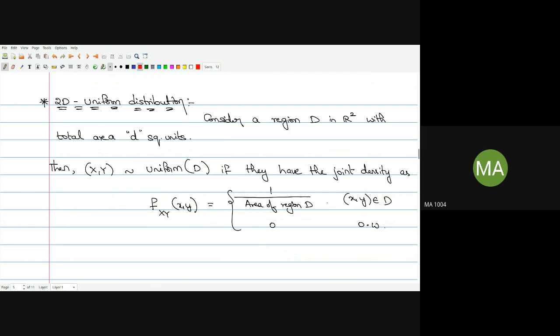If the joint density is like this, then I can say x comma y are uniform.